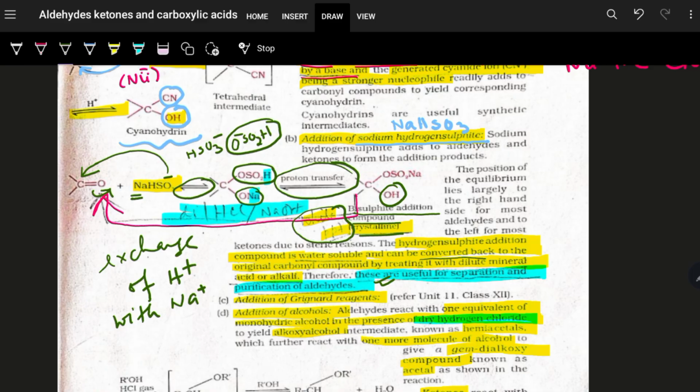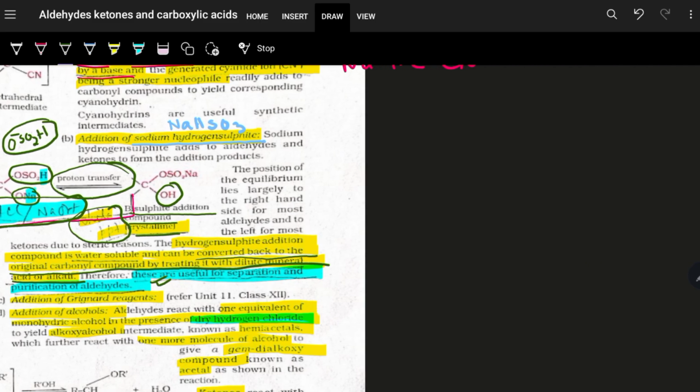Because you can convert it back to the original carbonyl compound by treating it with dilute mineral acid or alkali. So you treat it with dilute HCl or NaOH, you will get back the original carbonyl compound. So I hope the explanation is clear.